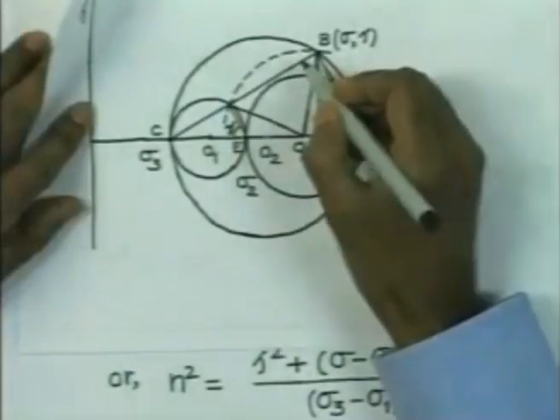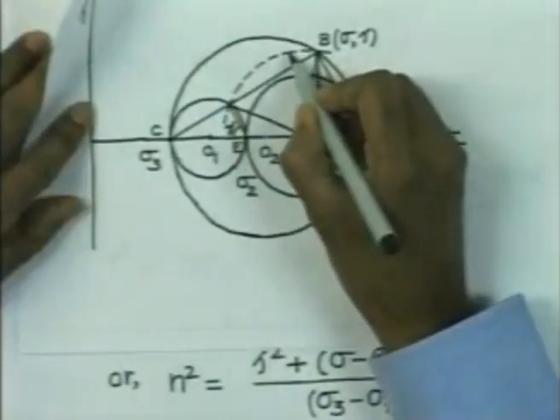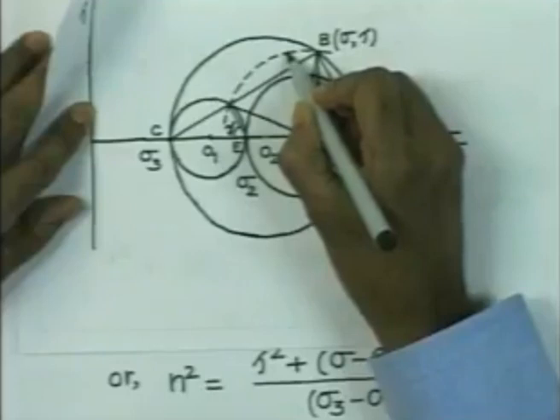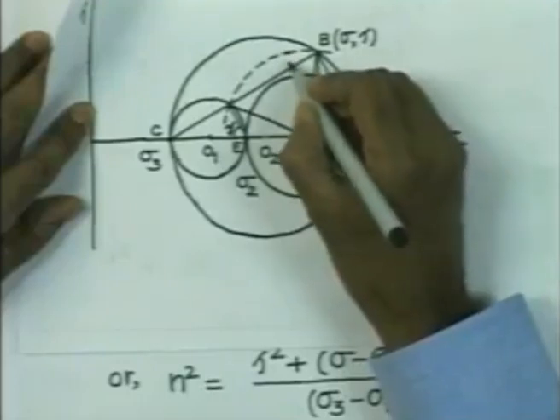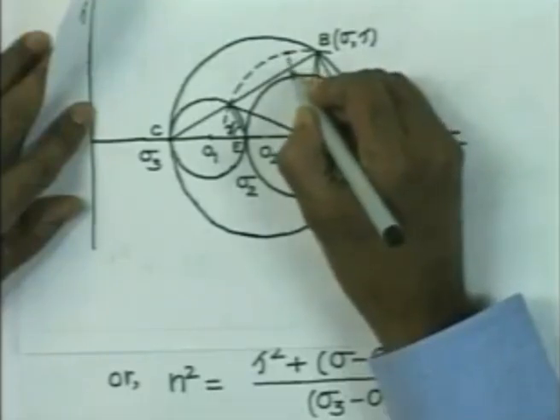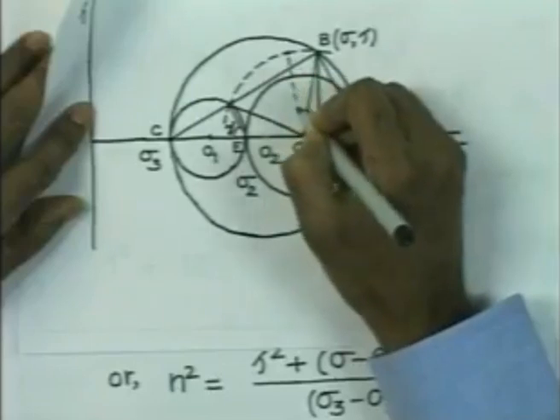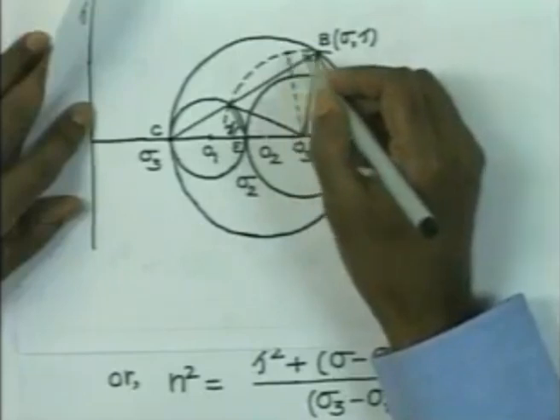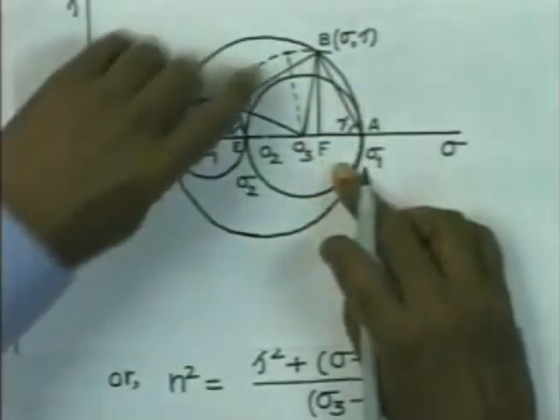Now, I would like you to note one point: if I consider the stress to be given by any other point on this arc, and if I consider this radius, that will also form a triangle.